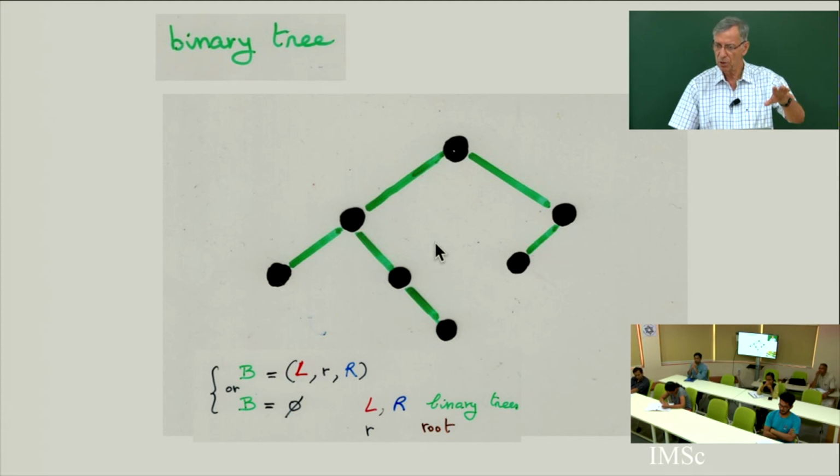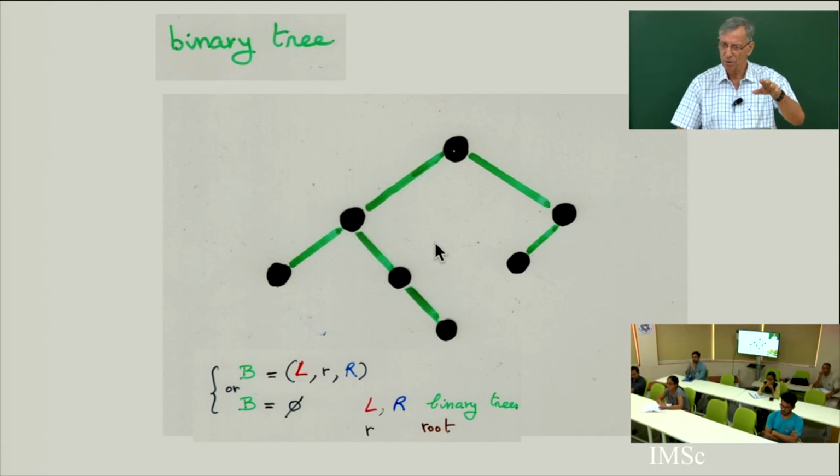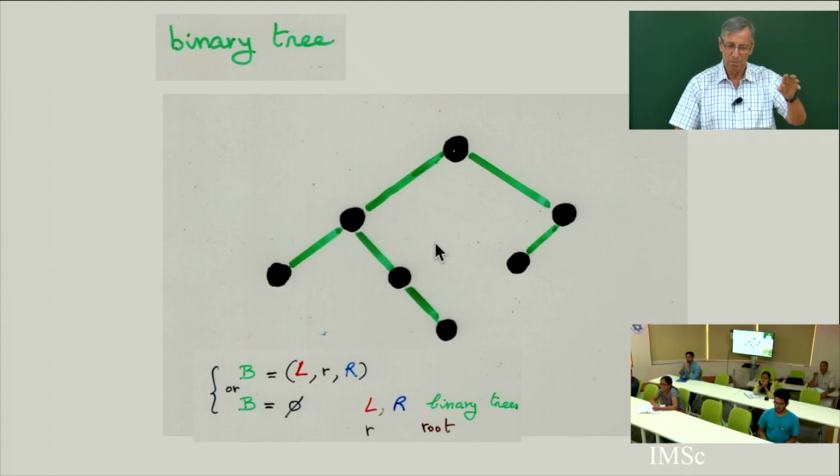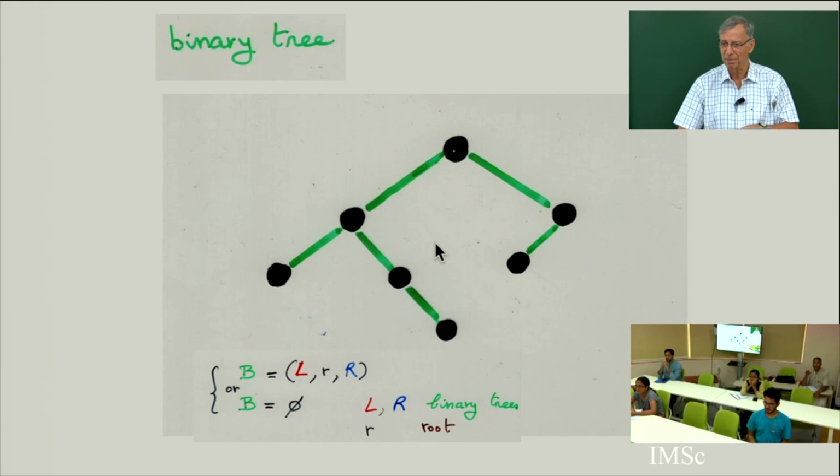So I will show two bijections: one between Catalan alternative tableaux and binary trees, and one between Catalan alternative tableaux and pairs of paths.